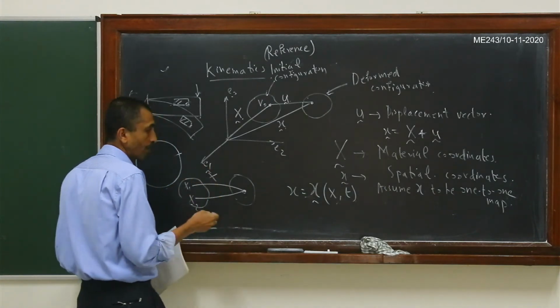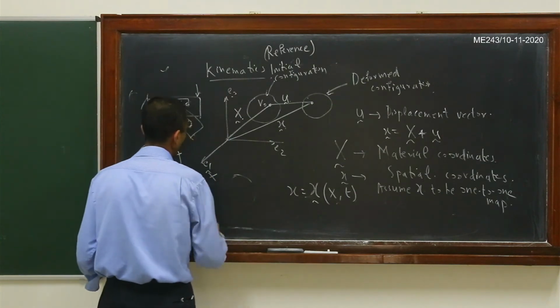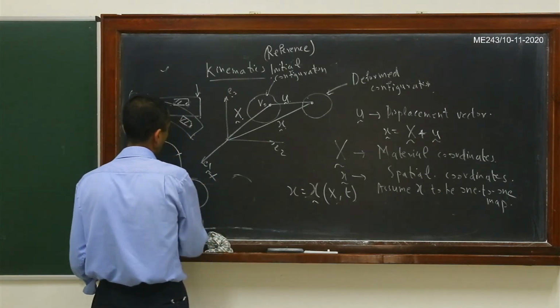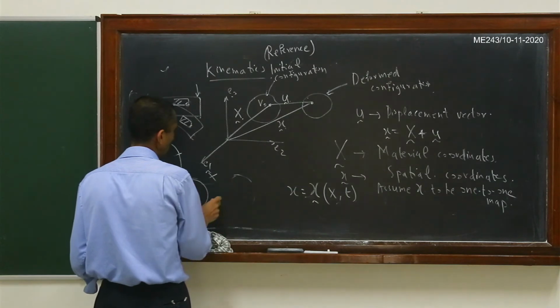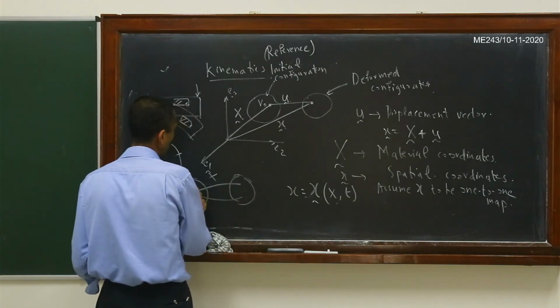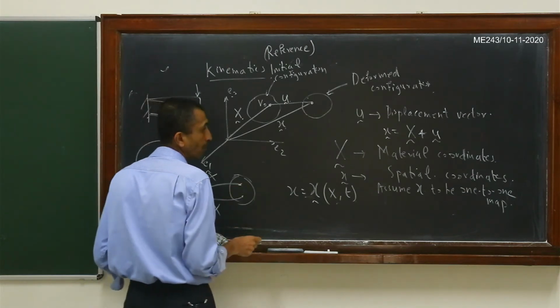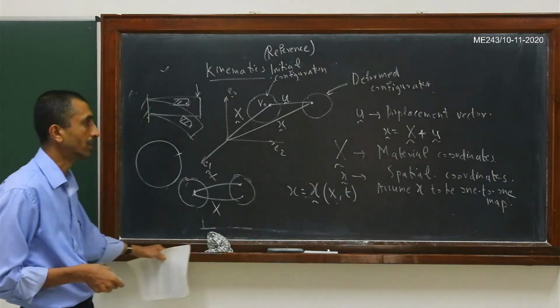The other possibility is that a point in the reference configuration cannot go and occupy two different points. So we do not allow even this particular case, where there is some point here that splits and then occupies two different points in the deformed configuration here.